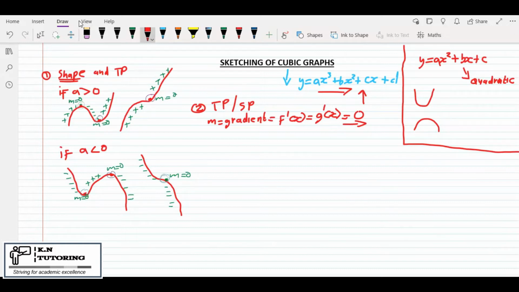Let me repeat that. For you to determine the turning points, the stationary points, you first differentiate your cubic function and you equate it to 0. Then you solve for x.